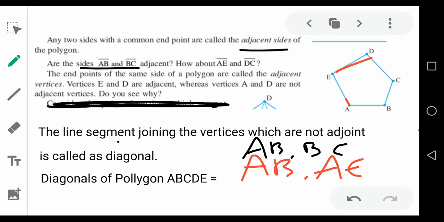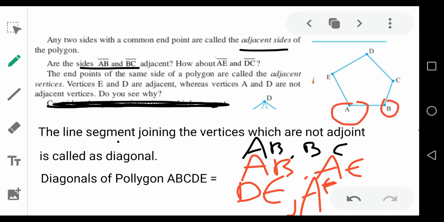DE and AE. Okay, so here E is common. Then what will be the next one? I'm writing it here. So common point B over, A is over, then E over.